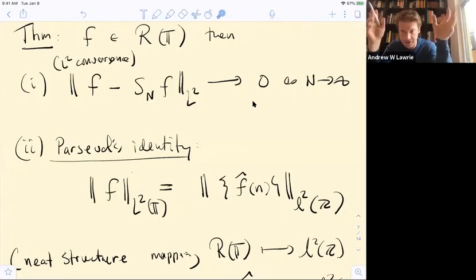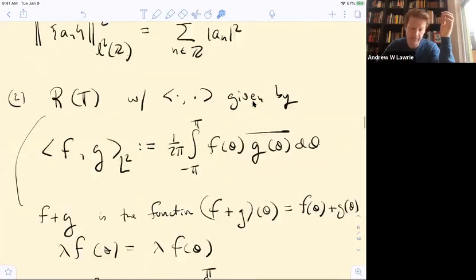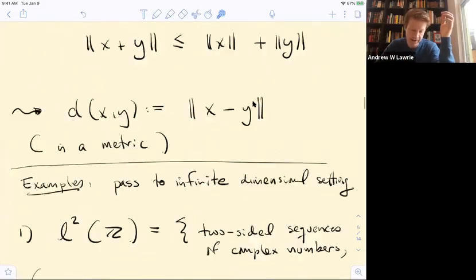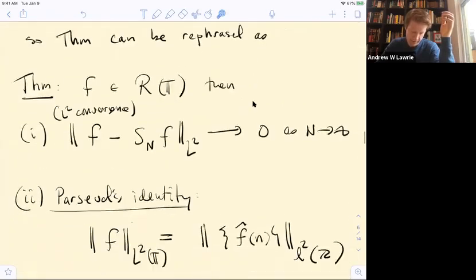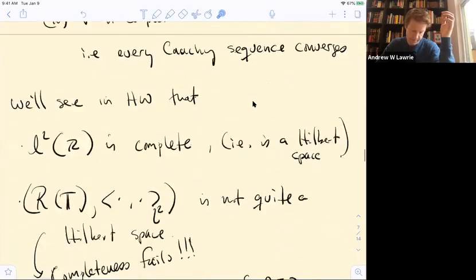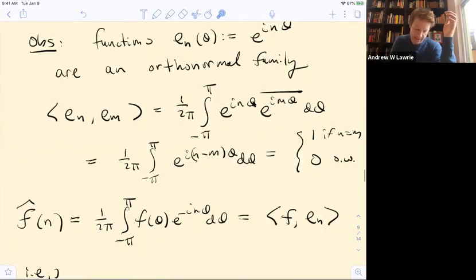you can consider the same L2 type inner product, but those aren't orthogonal to each other anymore. So this perspective breaks down. What we're really doing here is leaning hard on this vector space structure, where these e_n are an orthonormal family of vectors.